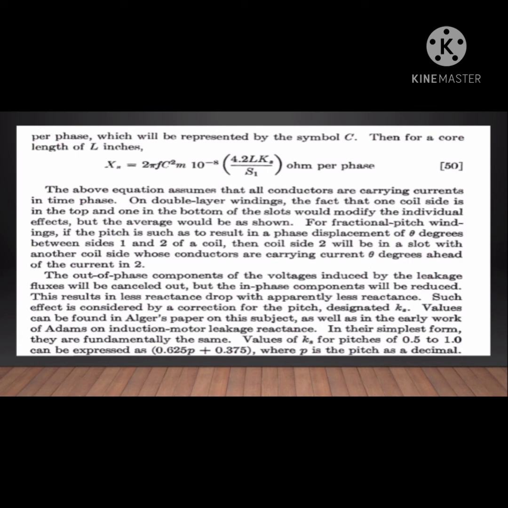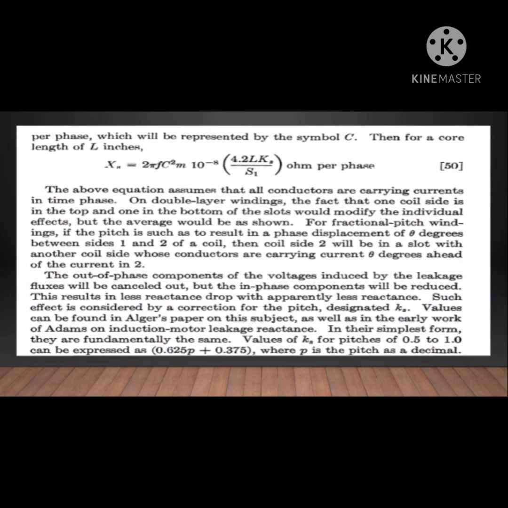So, the out-of-phase component of the voltages induced by the leakage flux will be cancelled out, but the in-phase component will be reduced. This results in less reactance drop, with the apparently less reactance.